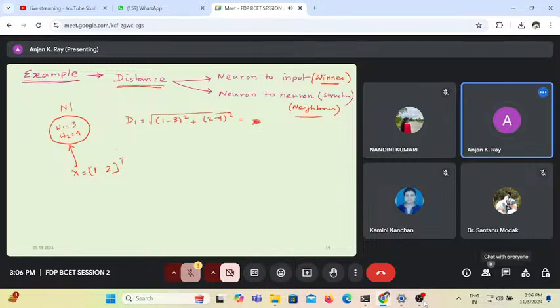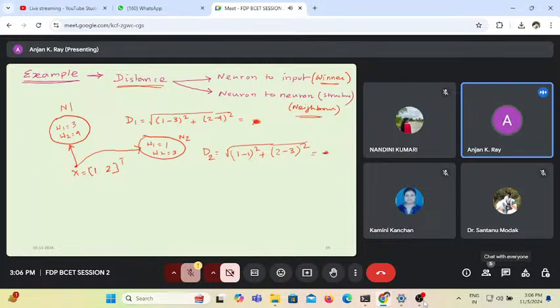Similarly, if we have another neuron with weights w1 equal to 1 and w2 equal to 3, the same input goes to this neuron, which is neuron 2. So D2 will be (1 minus 1) square plus (2 minus 3) square.